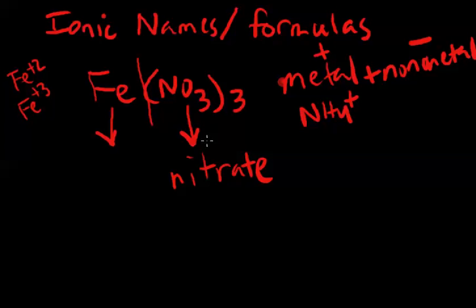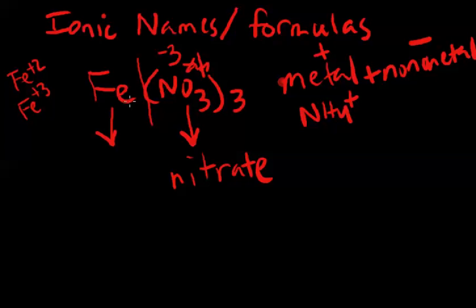There's some of these that are very similar. And nitrate has a charge of -1. Now, if you have more than one of a polyatomic ion, it has to go into parentheses because we need 3 of these. So if we have 3 nitrates, this total charge is -3.